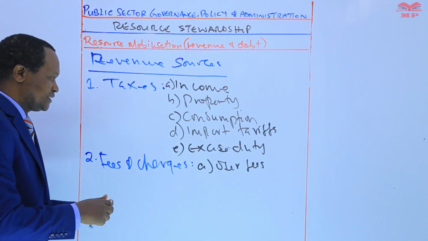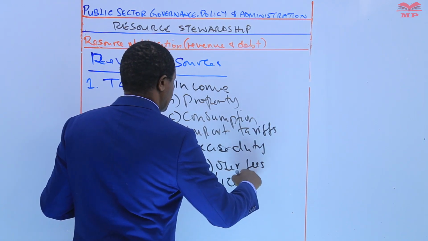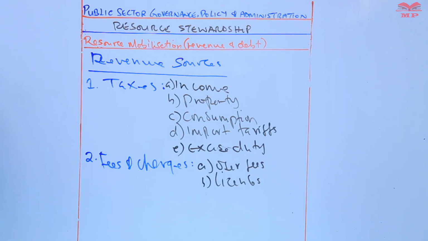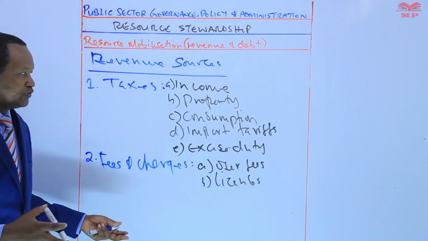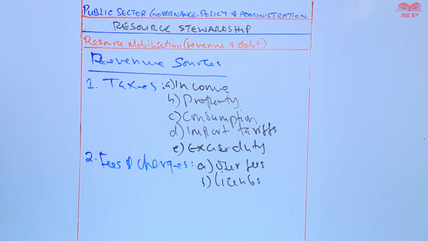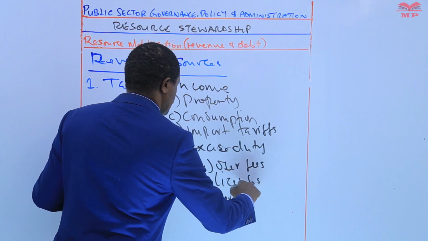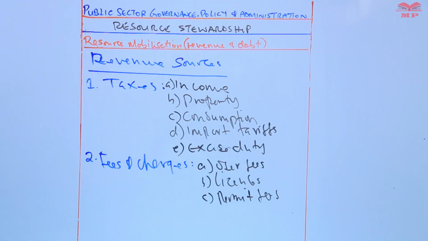We have license fees. Licenses. These are licenses for businesses, licenses for drivers, licenses for professionals, and so on. That is a source of revenue to the government. Then permit fees.